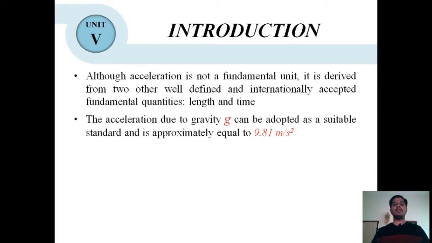The rate of change of displacement with respect to time means length per second, meters per second, is the unit of velocity. Acceleration is the rate of change of velocity with respect to time, that's why meters per second divided by seconds, which is meters per second square. The acceleration due to gravity, as we already know, we represent with the letter g, and its value is approximately 9.81 meters per second square.